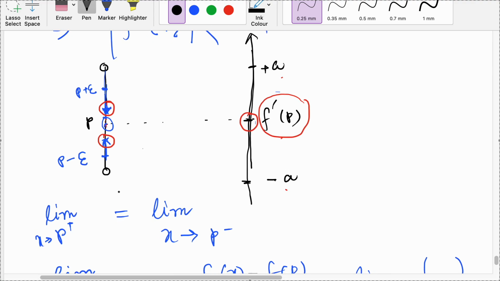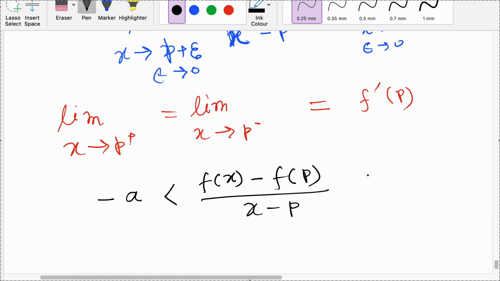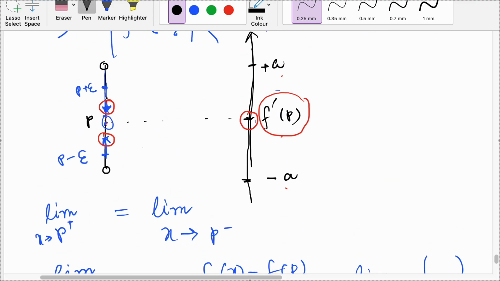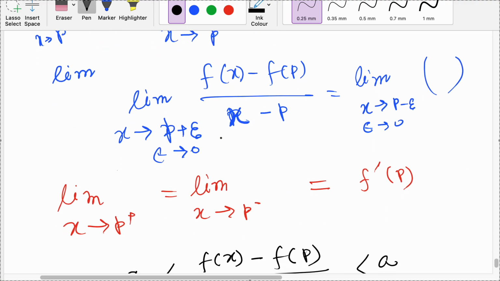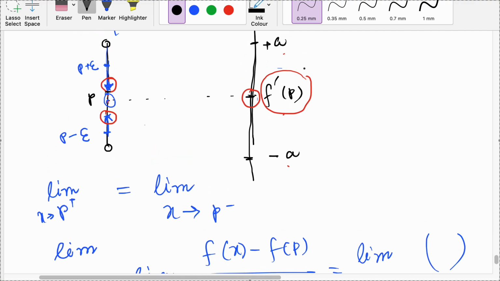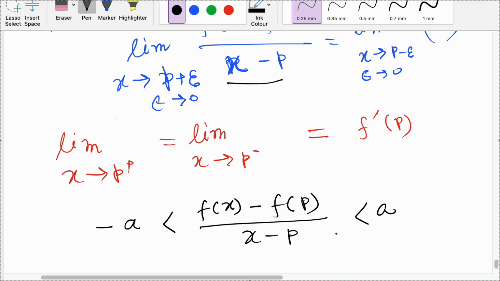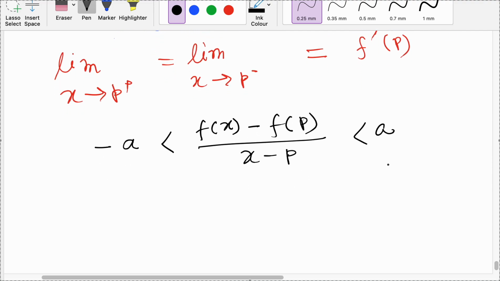Now if it exists, this means, suppose, since f of x minus f of p over x minus p is less than a. So this says that if I come from this point, this factor f of x minus f of p by x minus p remains close to f prime p, and since f prime p belongs to minus a to plus a, this quantity should also belong to minus a to plus a.